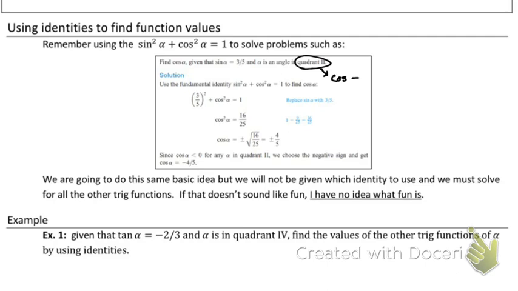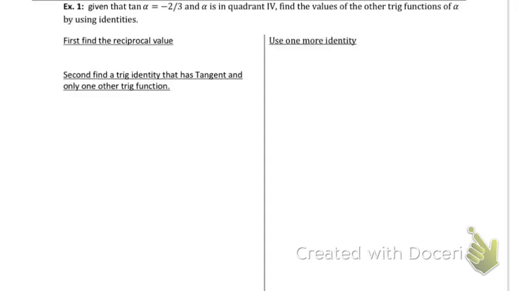Well, we're going to do the same thing, but with other trig identities. In fact, we're going to find all 6 of them given 1 bit of information. So that is our first problem. It says, given that tangent alpha equals negative 2 over 3, and alpha is in quadrant 4. In quadrant 4, we have all students take calculus.